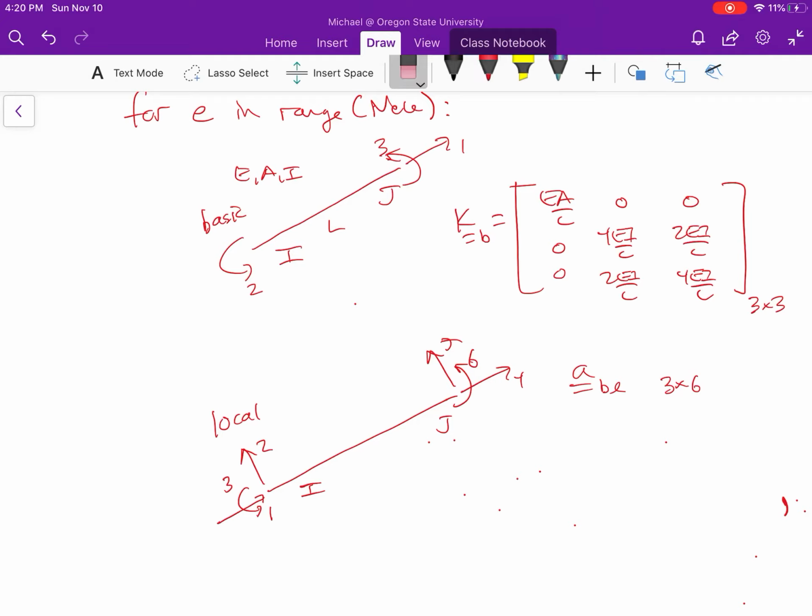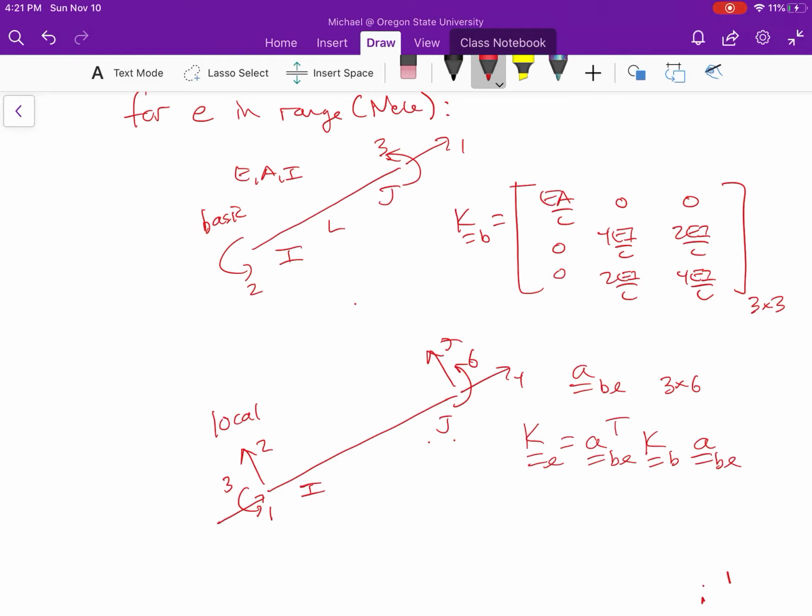Let me get rid of some of these stray marks. We can get the local stiffness matrix KL from the triple product of ABL transpose, KB, and ABL on the right.